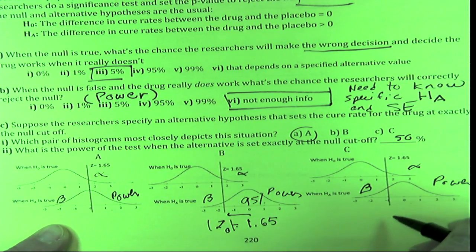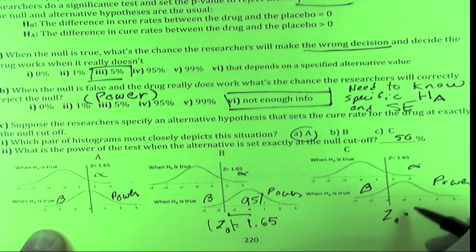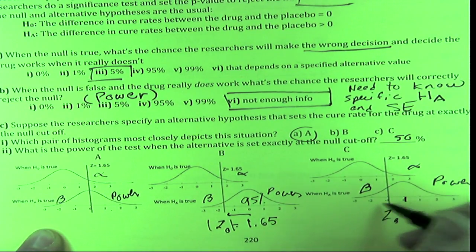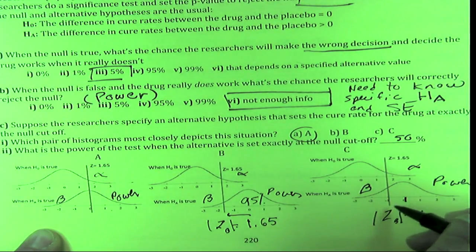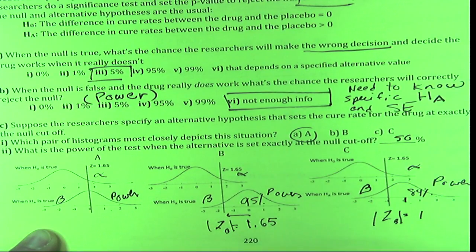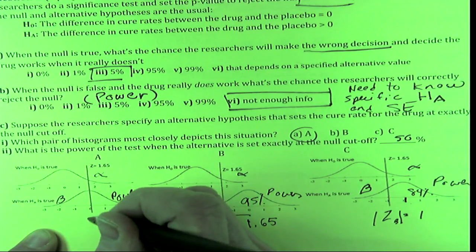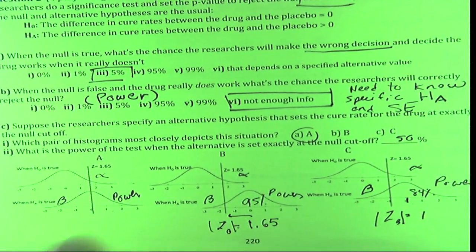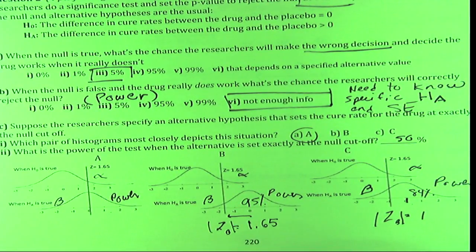And here, what is z beta? I'm talking about the distance from here to here. The absolute value of it is 1. That looks like negative 1 to me. So this would be 16% here, so this would be 84% there. And this is right at 0. So that's the idea.